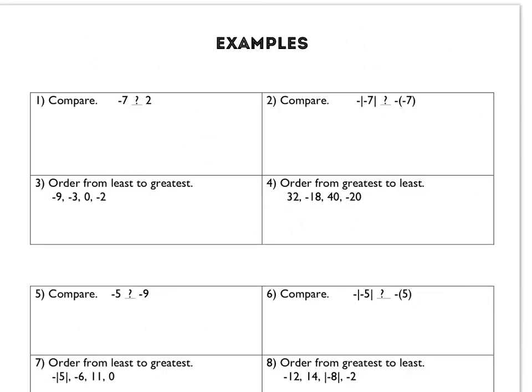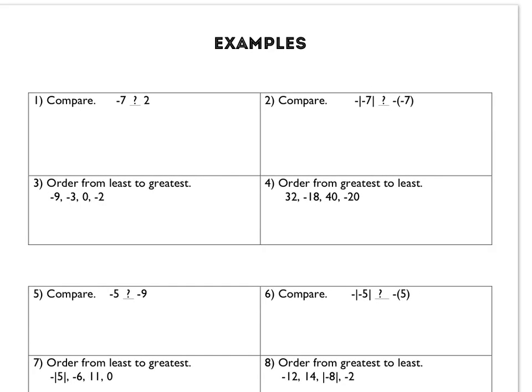Now let's work through some examples of what this would actually look like. Number 1, we're comparing -7 and 2. So -7 is less than 2. Number 2, we're comparing the negative absolute value of -7 with the opposite of -7.